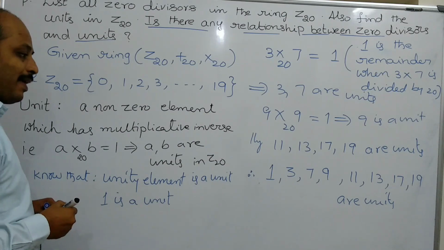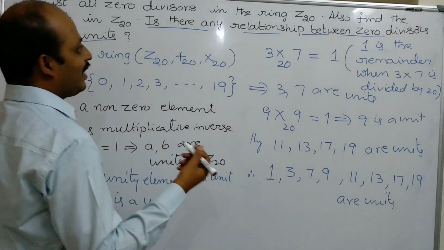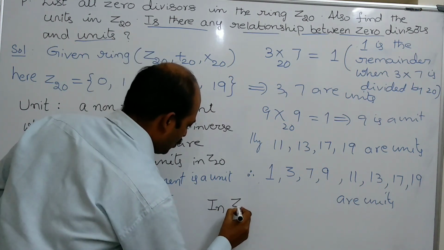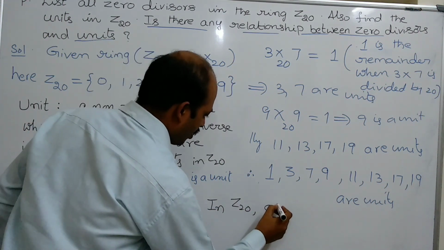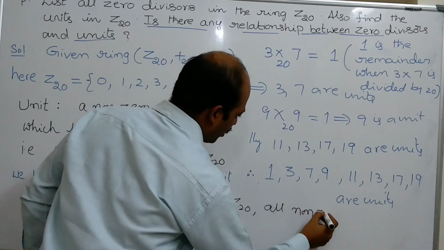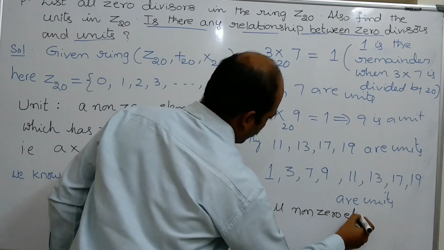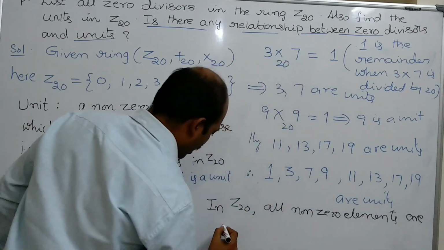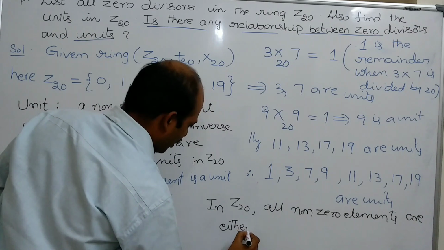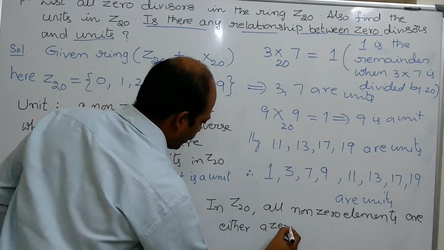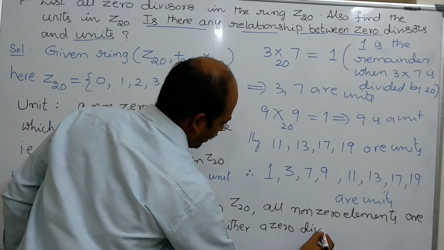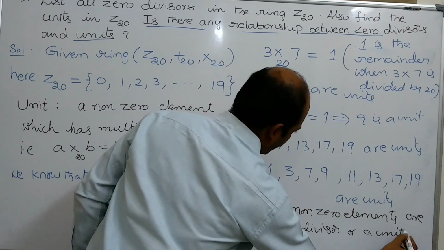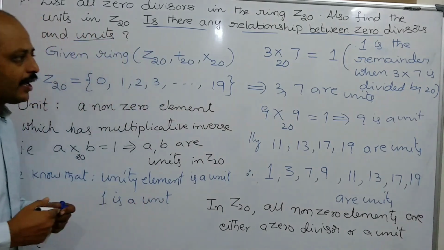All the elements other than 0 are either a unit or a zero divisor. In Z20, all non-zero elements are either a zero divisor or a unit.